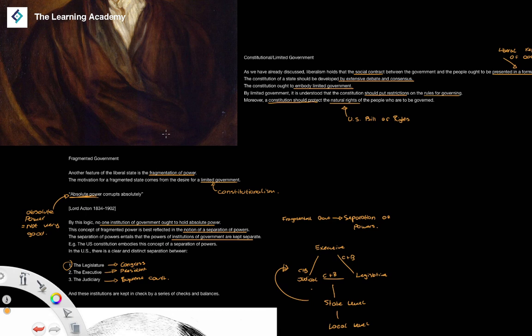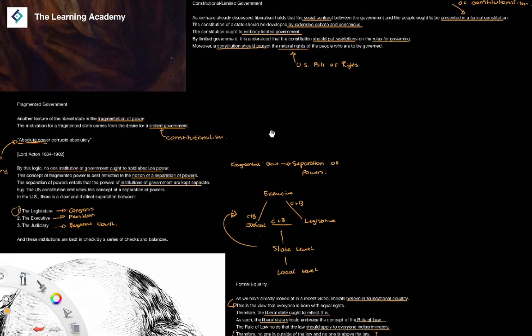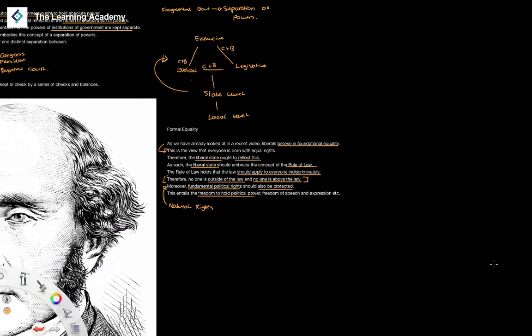The idea of a limited government also is implied through the concept of the fragmentation of government and the fragmentation of power, and this is represented practically with the separation of powers, as we looked at here. And then finally, the state should be able to uphold things like the rule of law to really best bolster the foundational equality that is something that is very, very important to the liberal project.